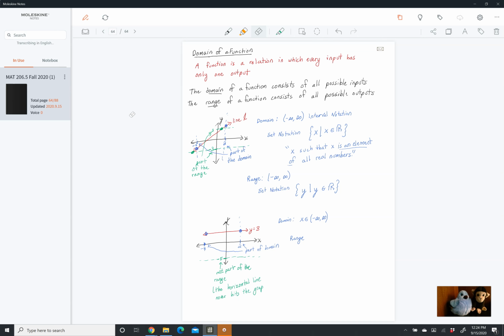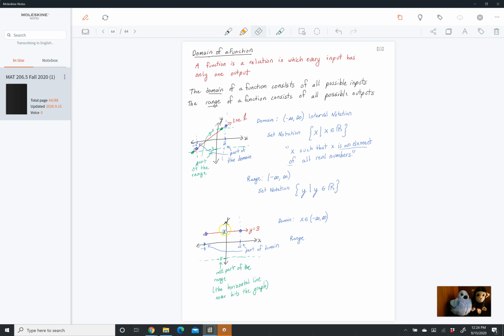In fact, the only y value that's part of the range is y equals 3. This is the only case where we draw a horizontal line and we hit the graph. We hit it an infinite number of times, and that's okay to hit it an infinite number of times.